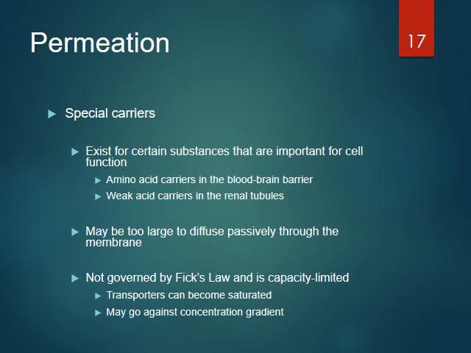And so this is going to be useful for medications or other molecules that either are too large to passively go through the membrane or have some other physicochemical property that makes them incompatible with passive diffusion. And one of the big things here is that since these are active processes, they're not going to be governed by a fixed law and thus are going to be capacity limited.